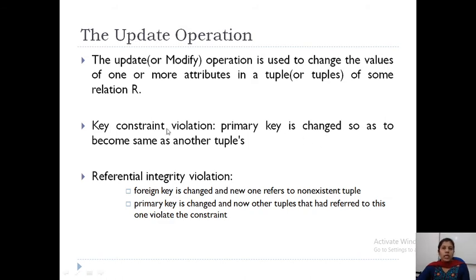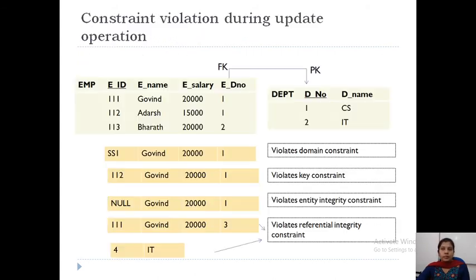Key constraint violation: the primary key is changed so as to become the same as another tuple. Referential integrity violation: if you change the foreign key and that value does not exist in the reference table, then this constraint will be violated. Or if you change the primary key of the reference table, then also it will violate referential integrity.